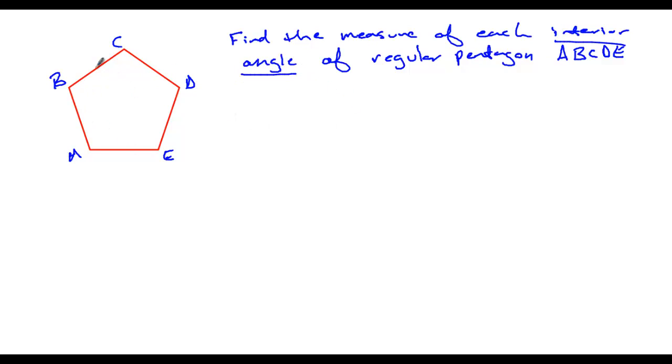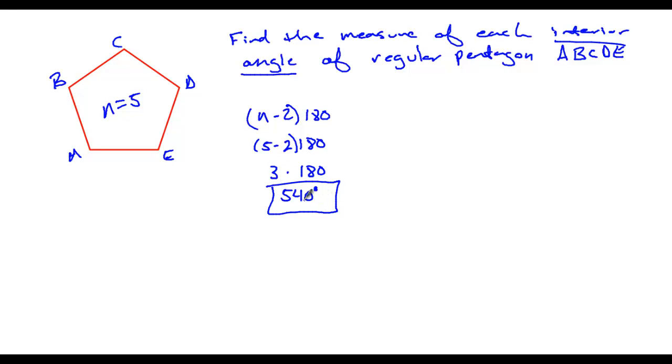So I know that the sum of its interior angles is going to be n minus 2 times 180. Well, in this case, n equals 5 because it's a pentagon. So 5 minus 2 times 180 is 3 times 180, which is 540 degrees.